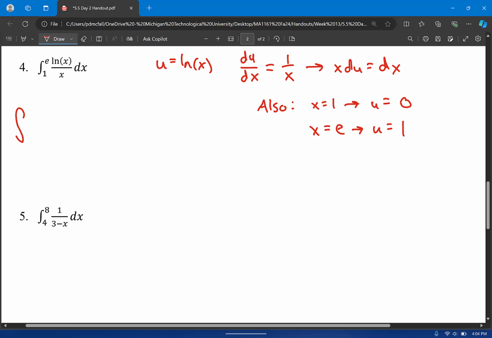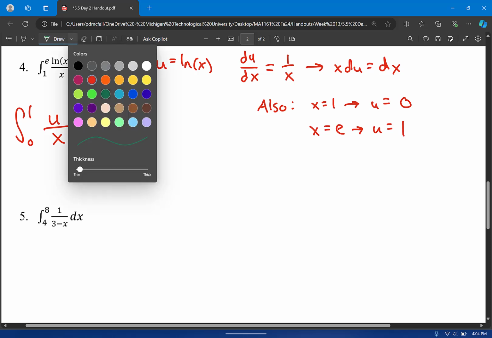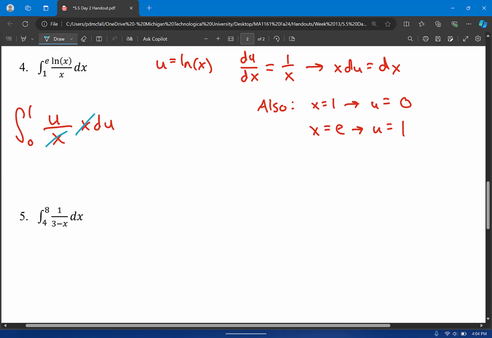So the integral from 0 to 1 of natural log of x, well, that's equal to u. So natural log of x gets replaced by what it's equal to. We still have divided by x. And then dx we found to be x du. So the x's cancel. You can rewrite this as the integral of u from 0 to 1, which is u squared over 2, plug in 1, plug in 0.